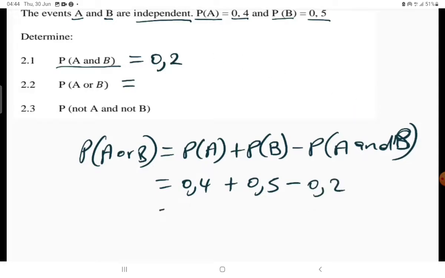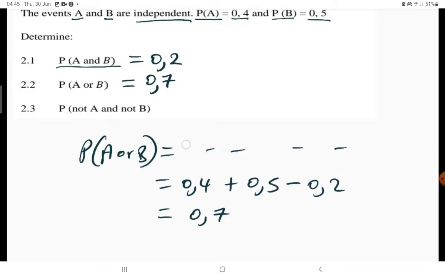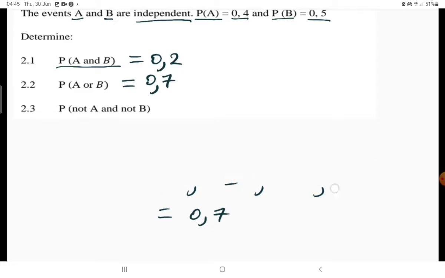So probability of A or B for independent events is going to be 0.7. So that is just what we have for this one.